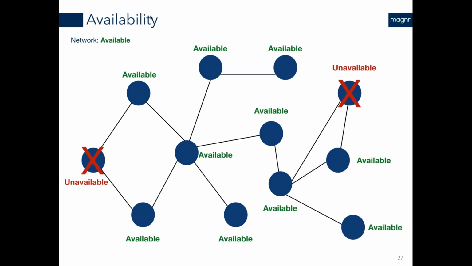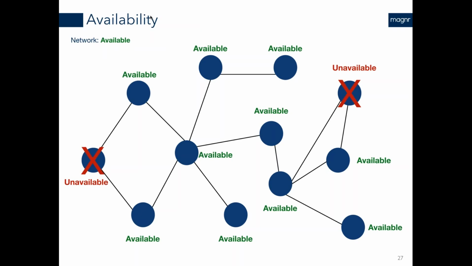So let's talk about availability. The Bitcoin network attempts to achieve both availability and partition tolerance, and what it gives up is consistency.